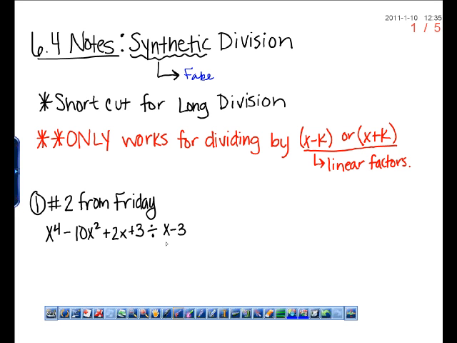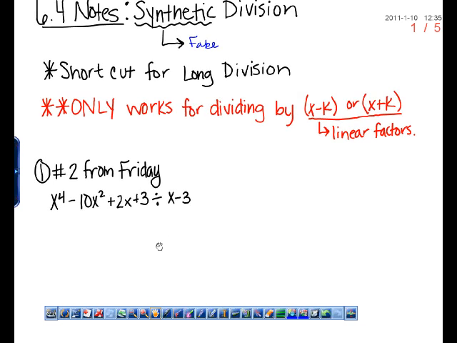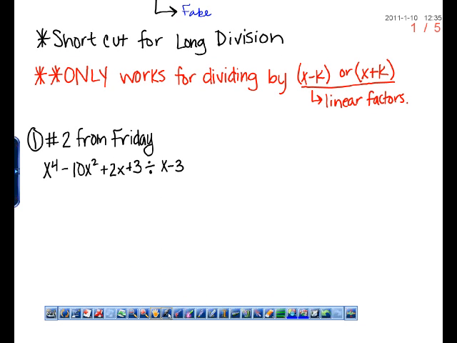Now, the setup, like I said, it's all going to look weird. Just kind of go with me. So, let me show you how we set this up. If I am checking to see that x minus 3 is a factor of this, then what am I checking to see is a root? 3.